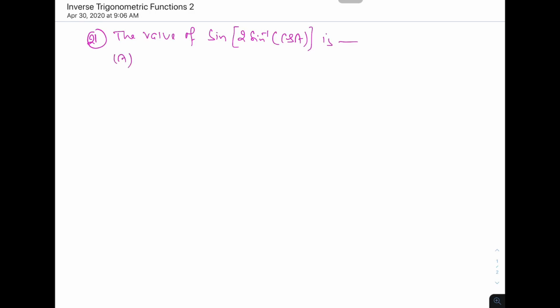Options are sine A, cosine A, cosine 2A, sine 2A.